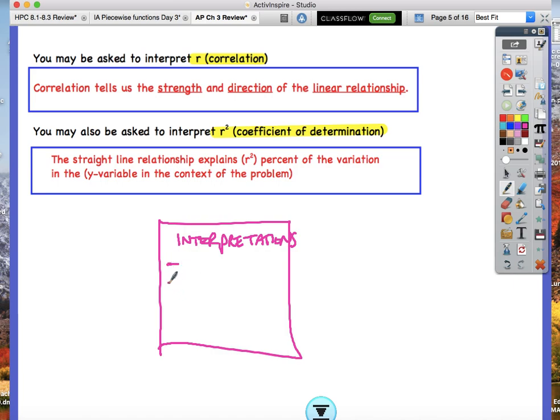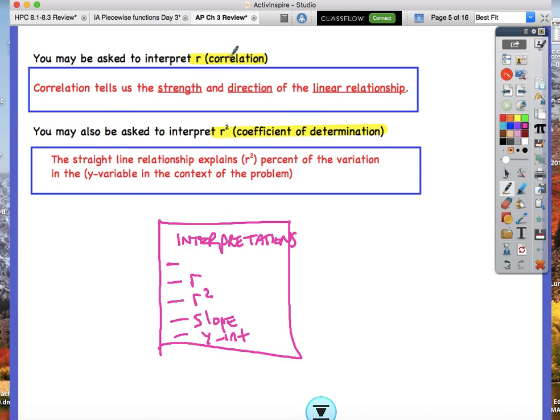And then you're going to need to interpret r, and you're going to need to be able to interpret r squared. You're going to need to be able to interpret slope and y-intercept, and we will add to this list. But anyway, here's your interpretations.